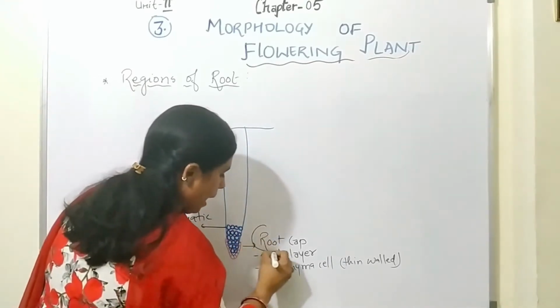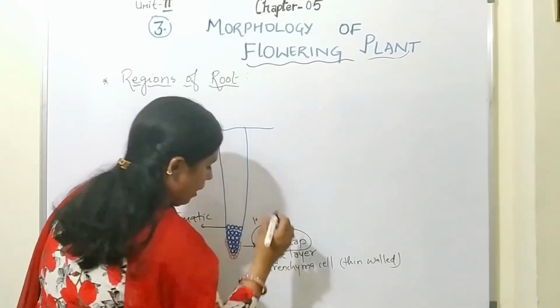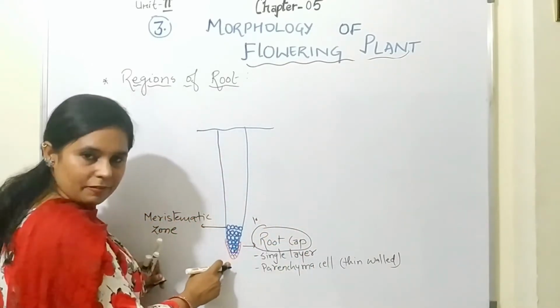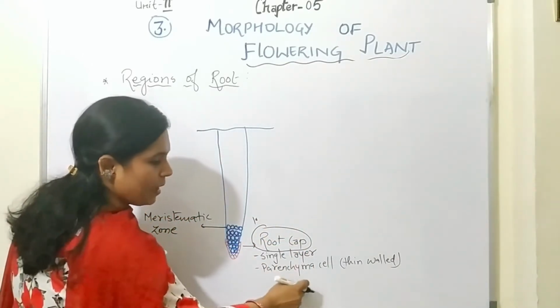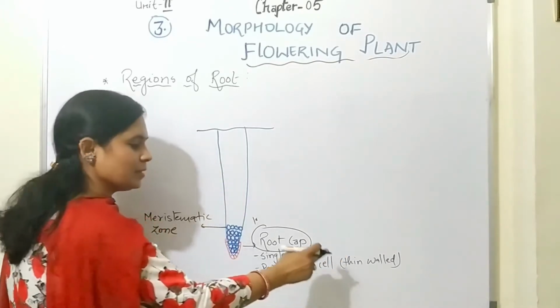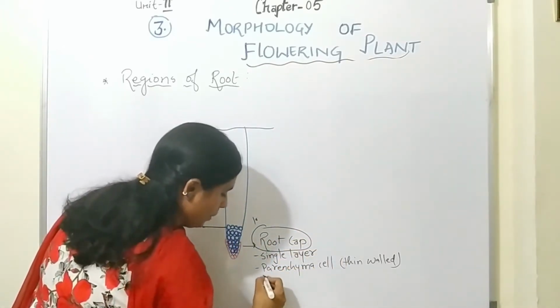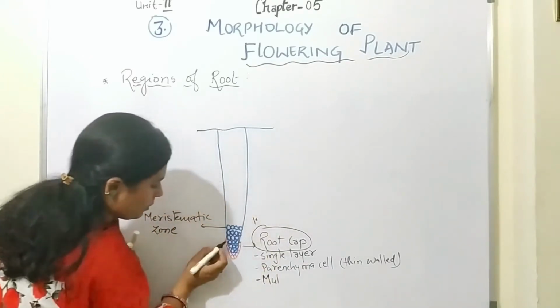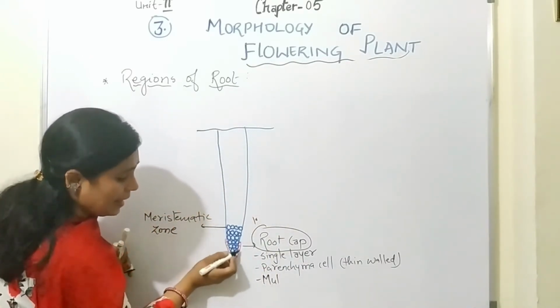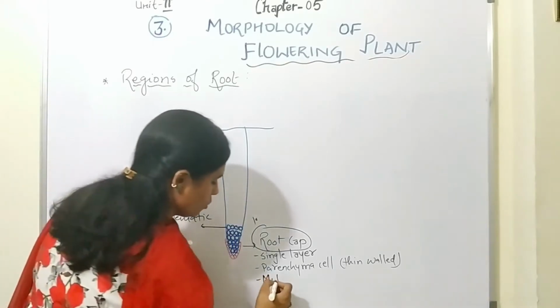So root cap is the first part. A single layer will be present, made up of parenchyma cells, and parenchyma cells are thin walled. They are multicellular. Many parenchyma cells will be present.